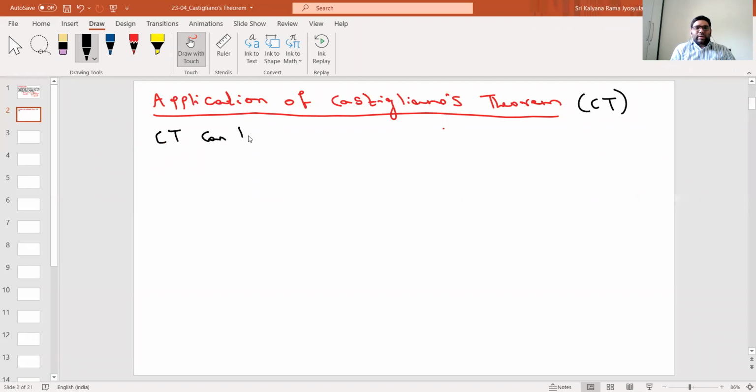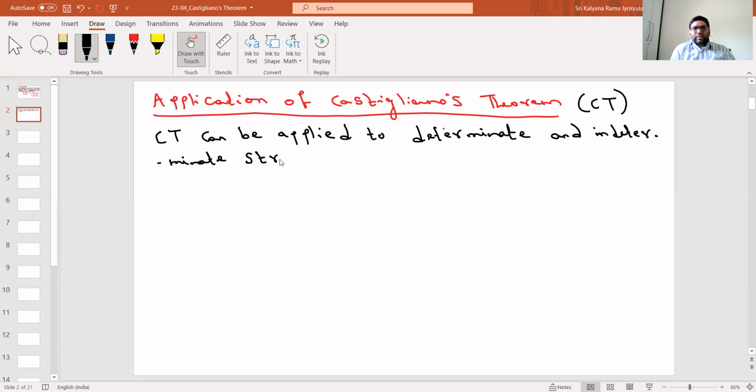Castigliano's theorem can be applied to determinate and indeterminate structures. Now let us see how we use it for determinate structures to start with.